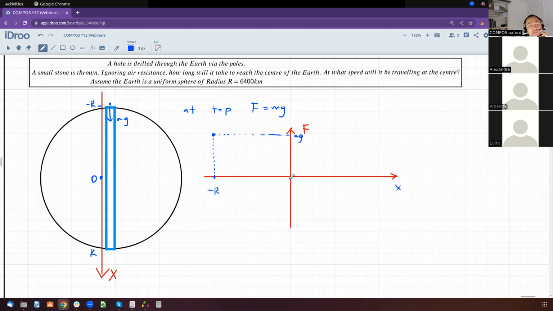What is the gravitational force when you are at the center? Indeed, it is 0 because you're being pulled equally in all directions.